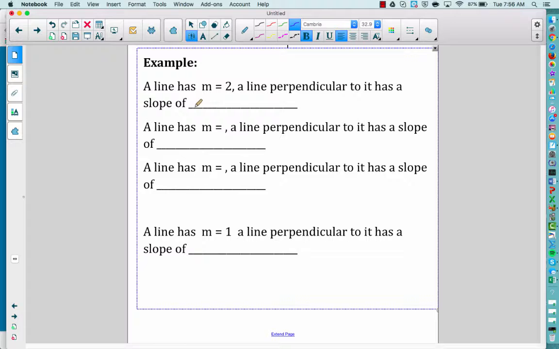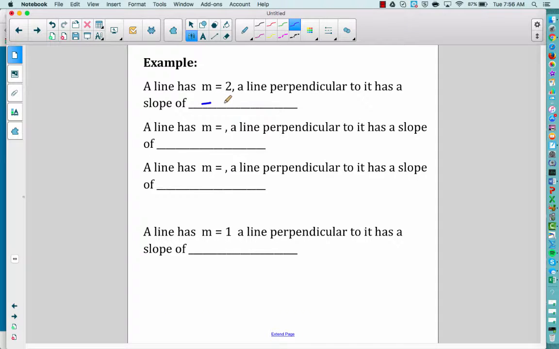If a line has a slope of 2, a line perpendicular to it is going to have a slope of, okay, so I take the opposite, so negative, and I flip it, reciprocal, so negative 1/2. If a line has a slope of 1/3, a line perpendicular to it has a slope of, all right, we make it negative and we flip it, so negative 3.